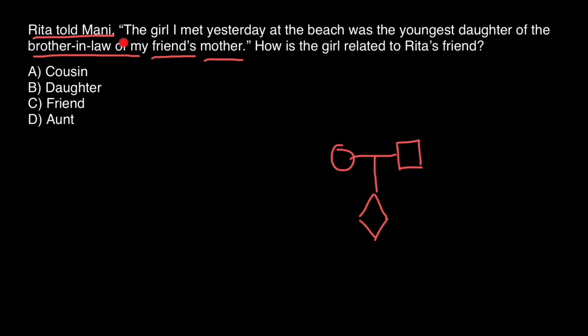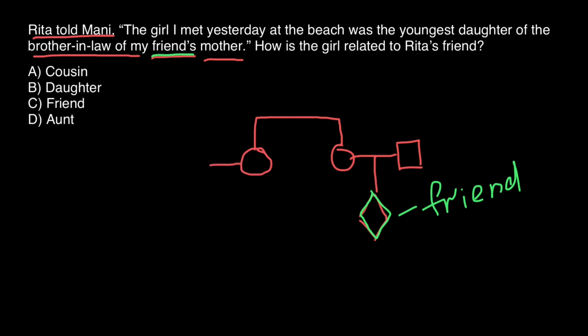Friend's mother, brother-in-law. Let's also change the color to show the friends in different colors. So here's the friend. And the friend's mother has a brother-in-law. That means her mother should have a sibling, a sister who is married. Now this person I will also show in a different color.